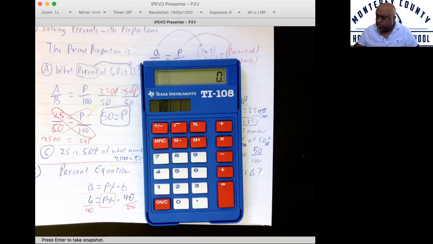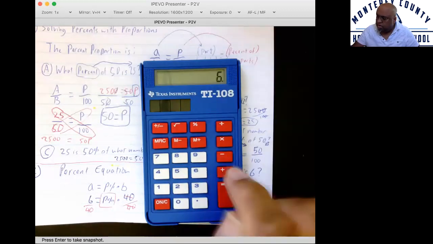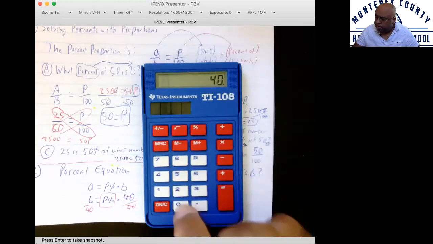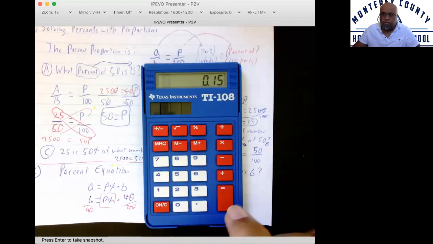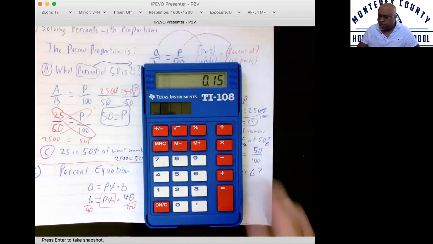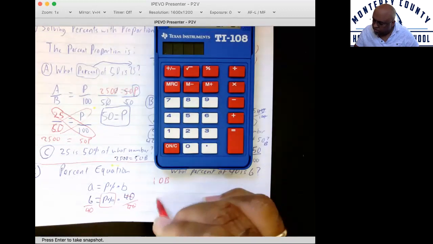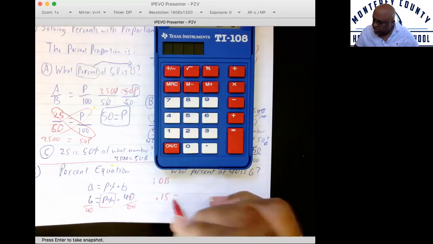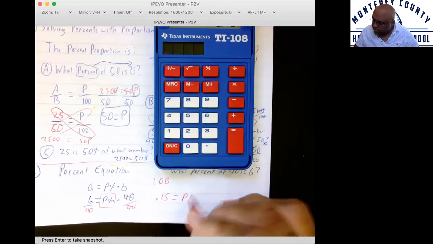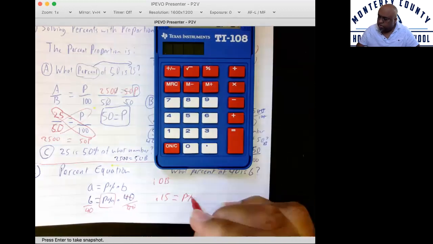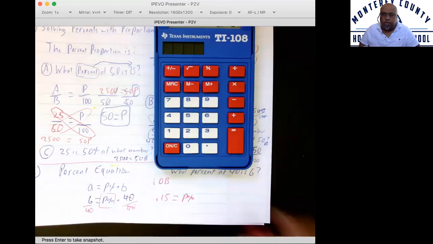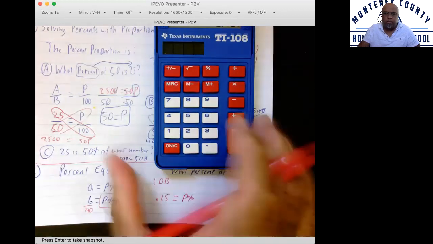So let's just follow through. 6 divided by 40 equals 0.15. Okay, so the answer then is 0.15 is equal to P%. So P% is equal to 0.15.